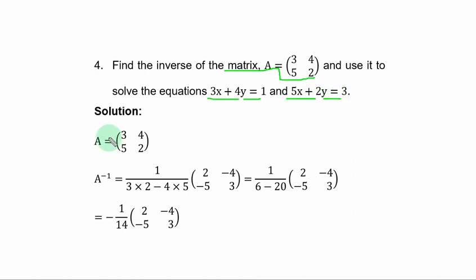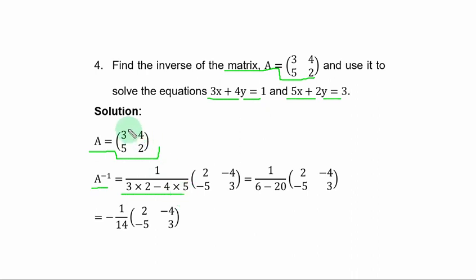Solution: we are to find the inverse of this matrix. It is a 2 by 2 matrix, and the inverse is equal to 1 over determinant. Determinant is the difference between the product of the two diagonals.